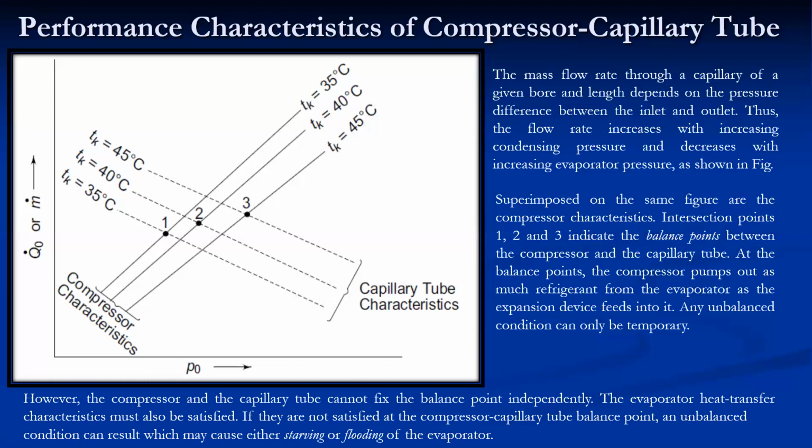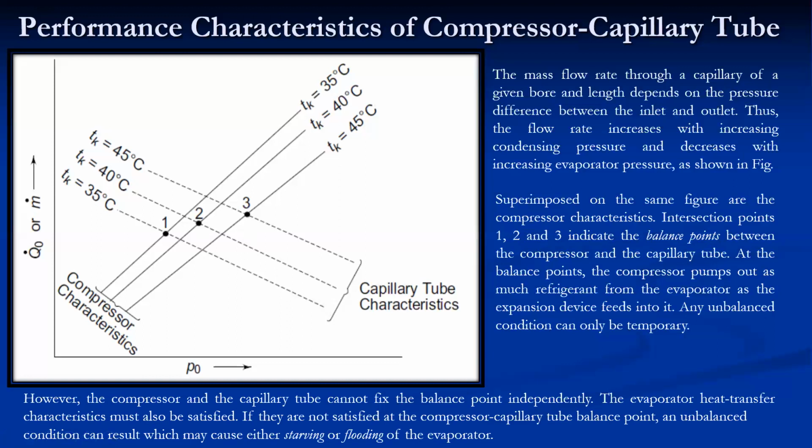Because if they are not satisfied at the compressor capillary tube balance point, an unbalanced condition can result, which may cause either starving or flooding of the evaporator. So that is very important, because the compressor and capillary tube cannot fix the balance point independently. They are also associated with the evaporator characteristics.